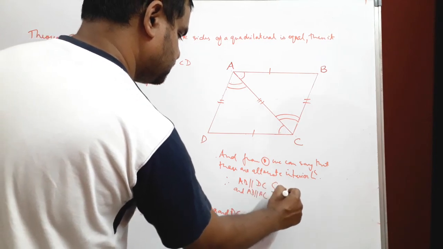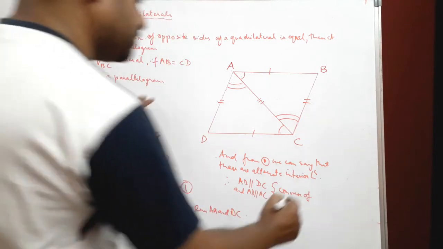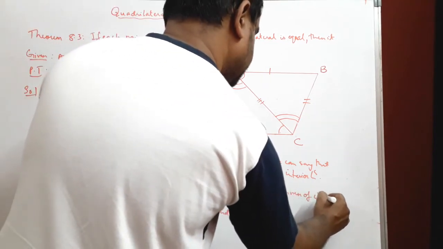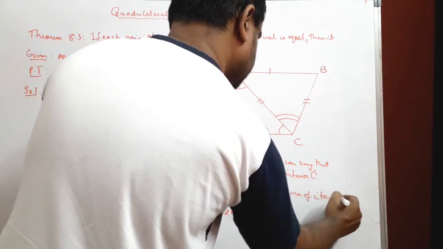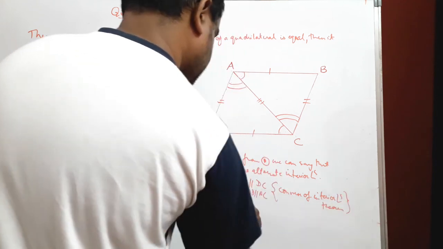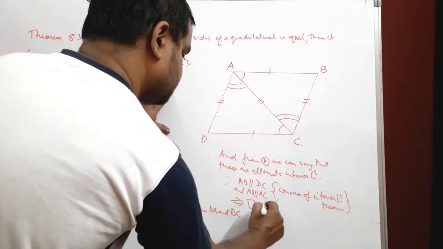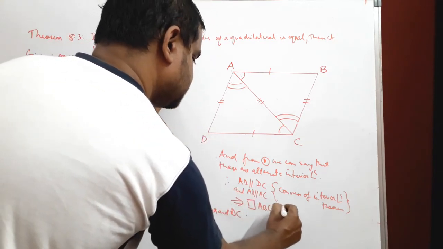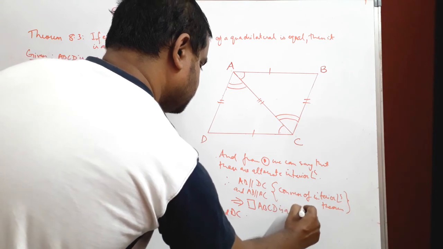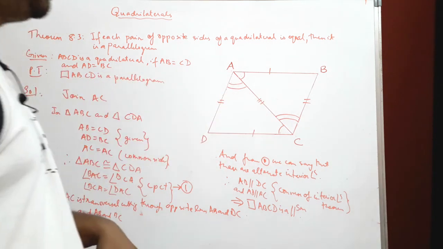So by the converse of the interior angles theorem, this implies quadrilateral ABCD is a parallelogram. All we need to show is that alternate angles are equal to each other.